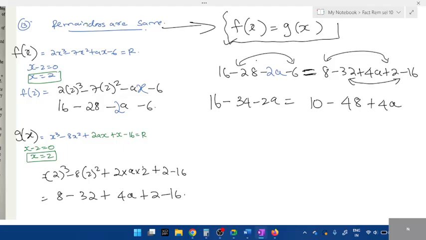I mean, remainders are the same. And same means equal. That's the reason we put the equals sign. Fine, we'll see. We'll check.